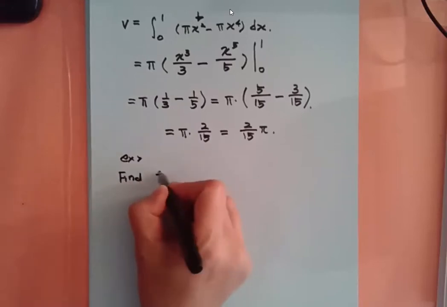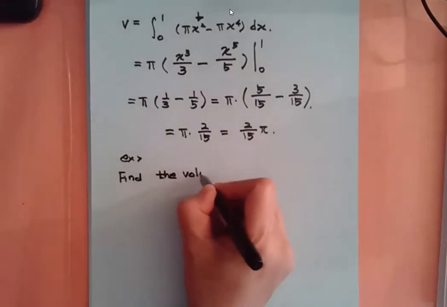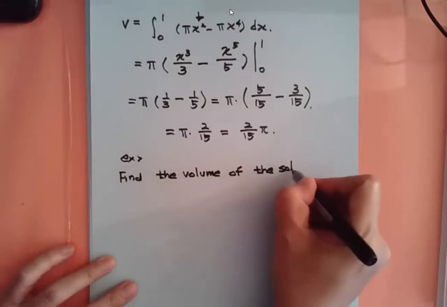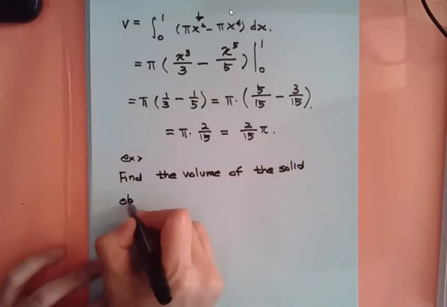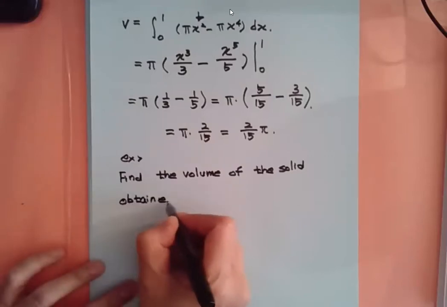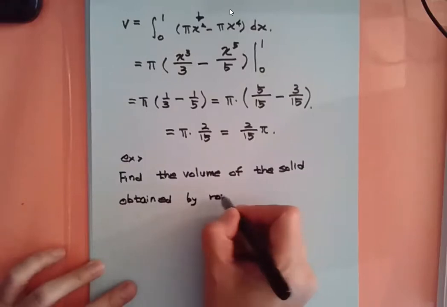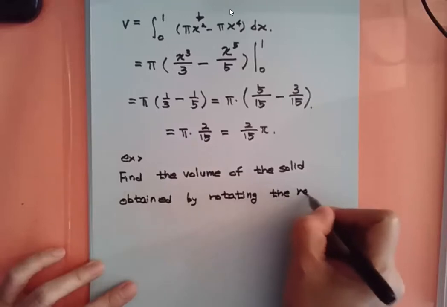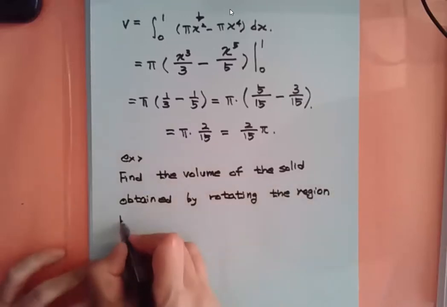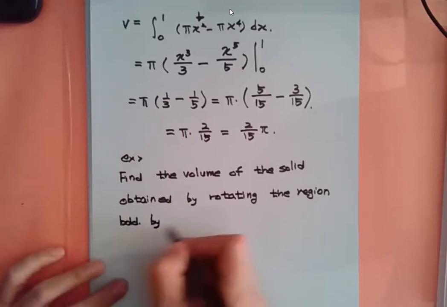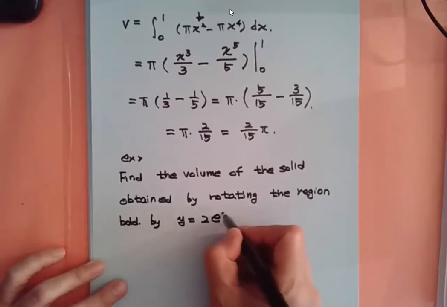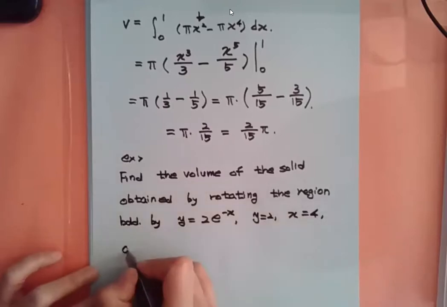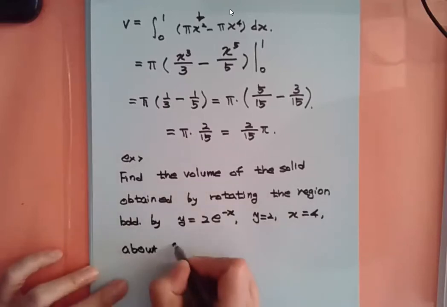Find the volume of the solid obtained by rotating the region bounded by y equals 2 times e to the minus x, y equals 2, and x equals 4, about y equals 4.